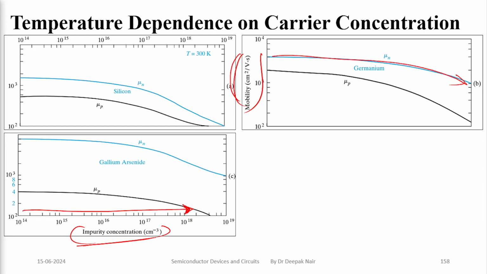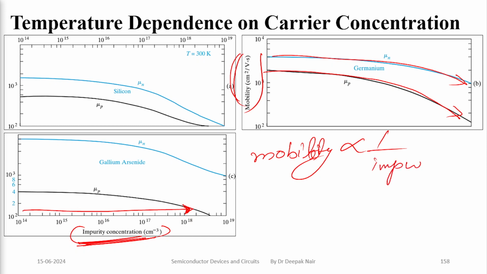That is what we have derived also: if we keep on increasing the impurity, the mobility will keep on decreasing, or we can say mobility is inversely proportional to impurity. So the higher the impurity, the lesser the mobility.